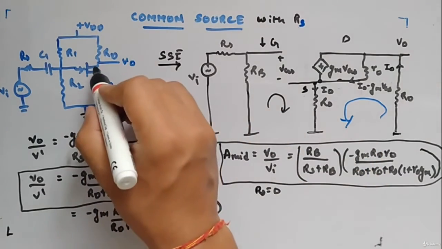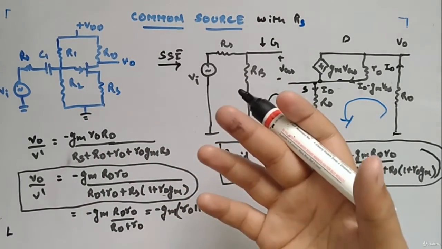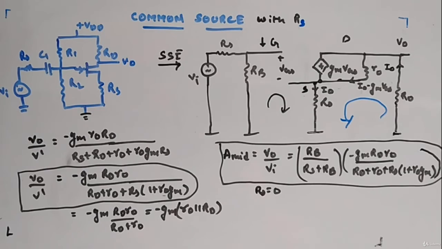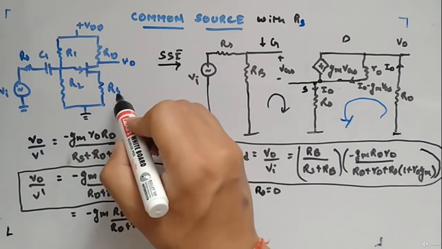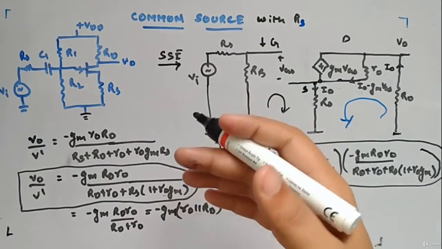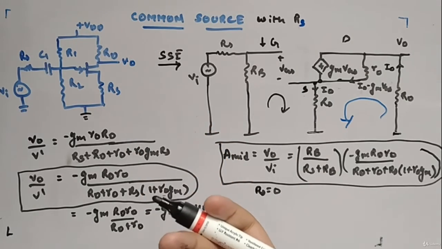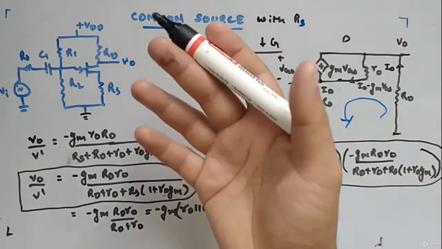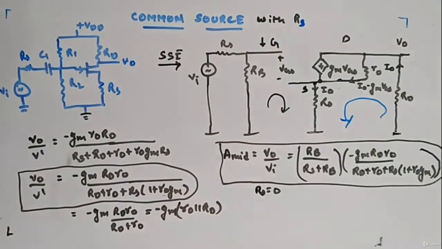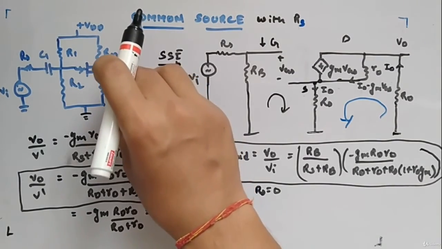Because your NFET will vary with certain parameters, like the stability factor we have seen in BJT. Your transistor parameters vary, and this RS keeps the quiescent points, that is the operating points, stable when your FET varies. That's the reason we are keeping this RS.